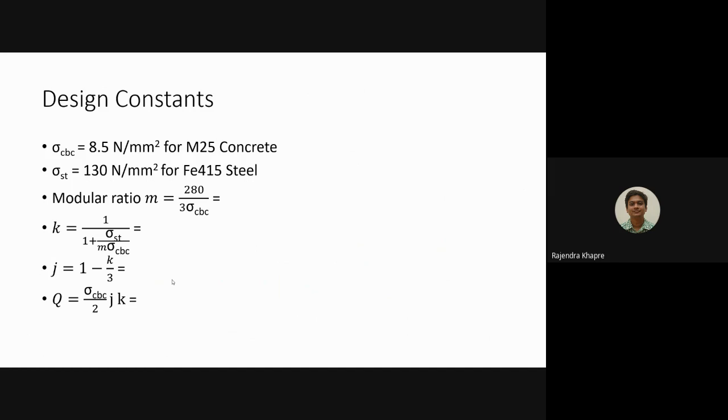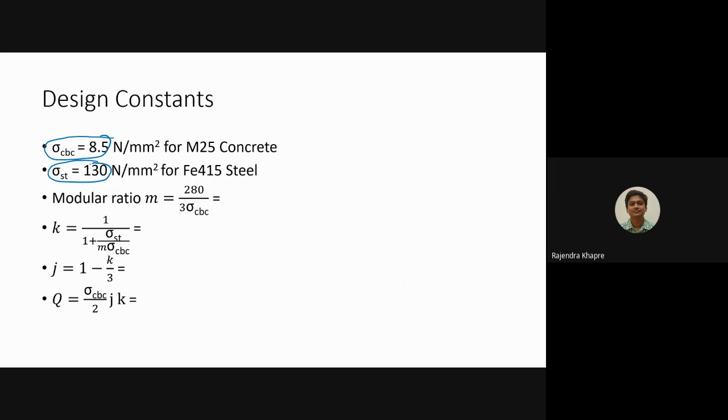Now, in the working stress method, you have to find out the design constants like modular ratio, K, J, and Q. Okay. So from the table, you have already found out the sigma CBC value as 8.5 newtons per mm square. Okay. So this is your sigma CBC value, and this is your sigma ST value.